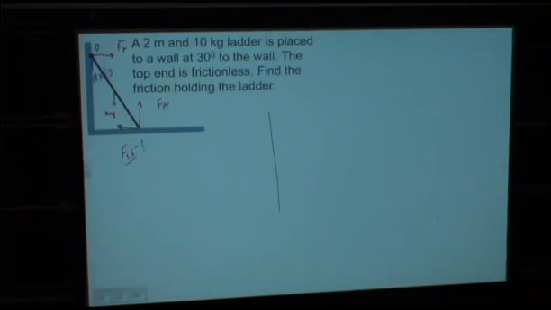First of all, we need a bigger picture. mg, F normal 1, F normal 2, F normal 1, F friction, my axis.